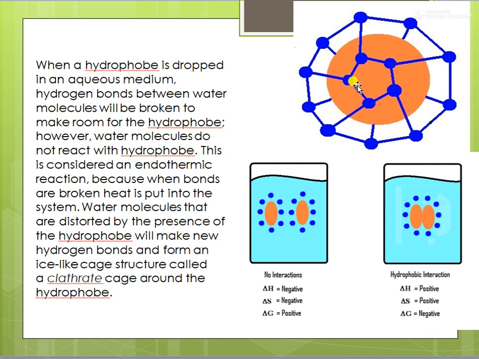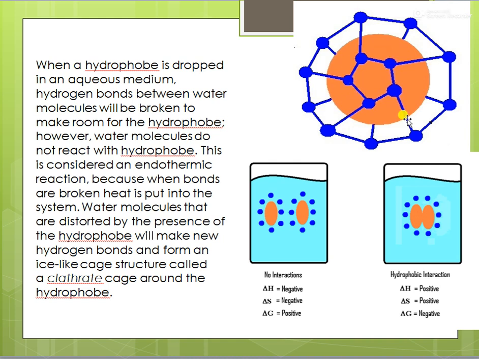When bonds are broken, heat is put into the system. And so the water molecules that are distorted by the presence of the hydrophobe will make new hydrogen bonds and form an ice-like cage called the clathrate cage around the hydrophobe.